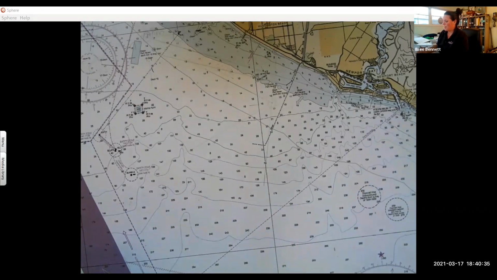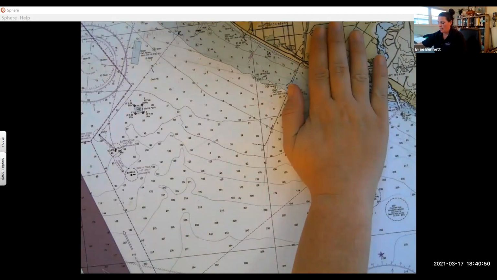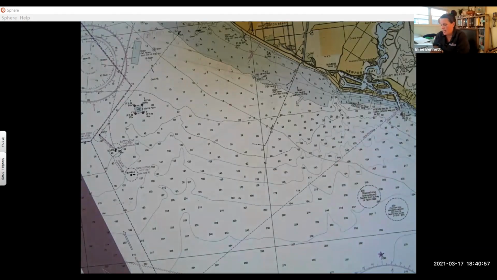It asks us, what is the title of the chart? So where do we find the title? Trick question. The title block. So our title of the chart is going to be the San Pedro Channel. And what is the scale of the chart?